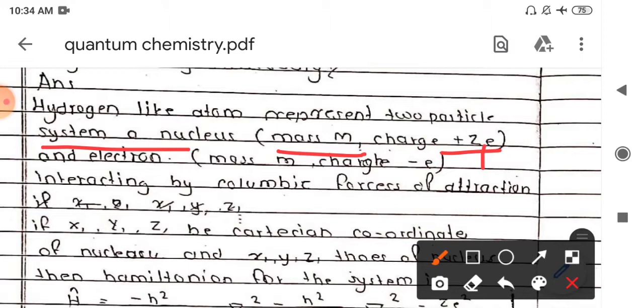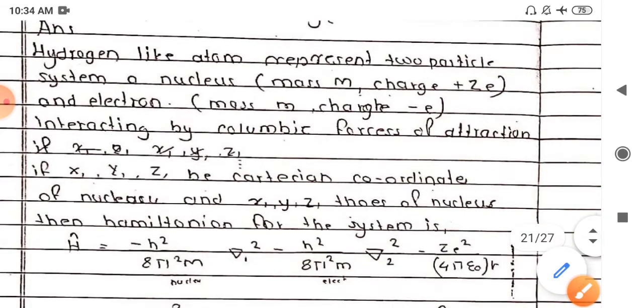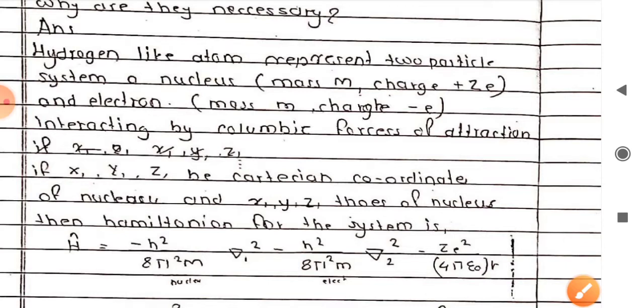So Ze gives the overall charge of the nucleus. The charge of the electron is minus e, and the mass of the electron is small m. The electron is only one, because we are considering only one electron in the valence shell.